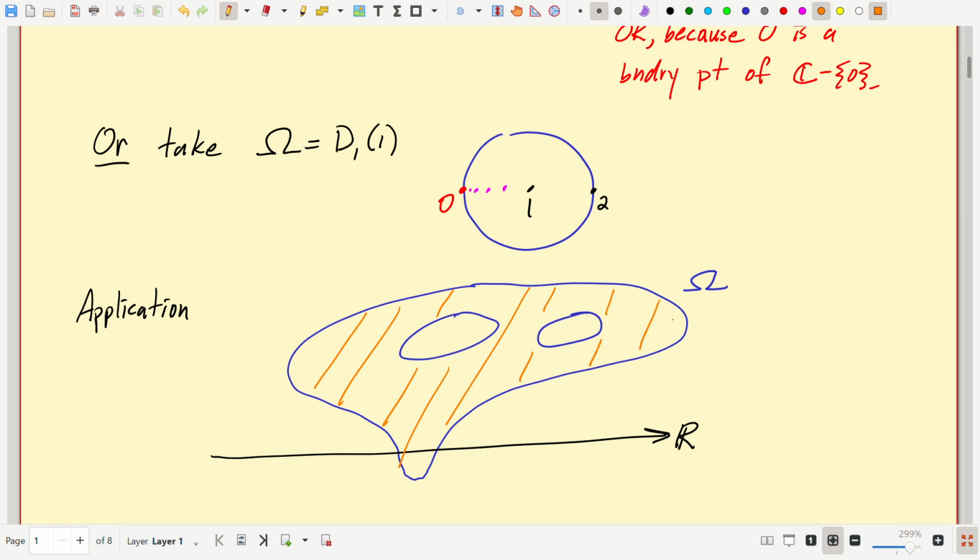There's my omega, and let's suppose I have an analytic function f on omega, and let's suppose that f of x equals e to the x on this little segment of the real line. On the red.